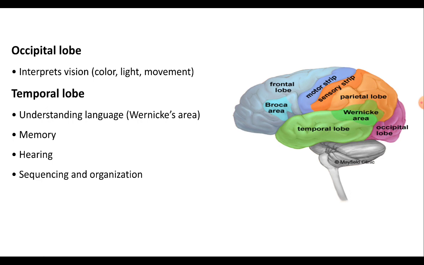The occipital lobe is the area that interprets vision, especially determining the color, light and movement of the information from sight. The temporal region is responsible for understanding language, and the area is called Wernicke's area. It also stores information in the form of memory, and is responsible for interpreting messages from the ears, that is hearing, sequencing and organization.